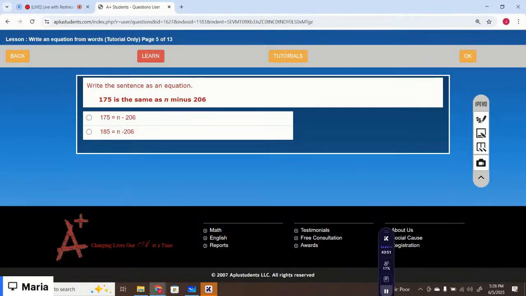Write the sentence as an equation. 175 is the same as n minus 206.